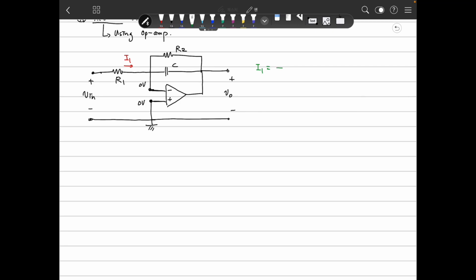So I1 is (Vin − 0)/R1, that is Vin/R1. And because this is an op amp, there's no input current, so all of I1 flows through the capacitor and R2.